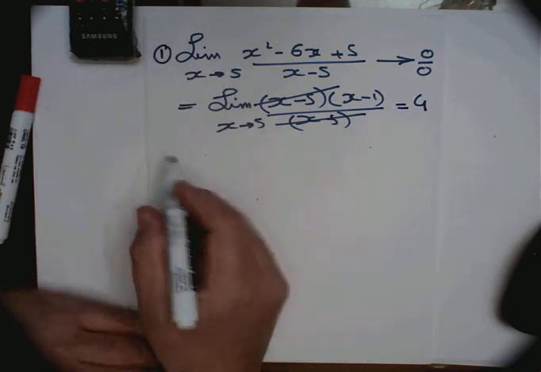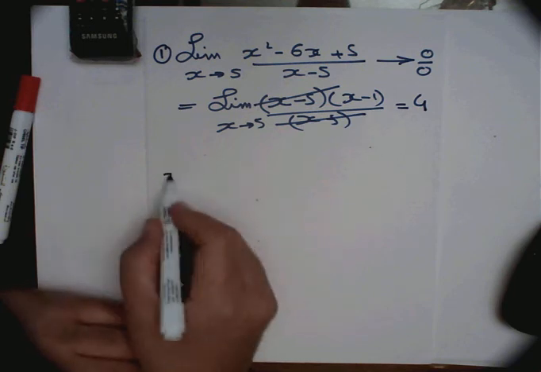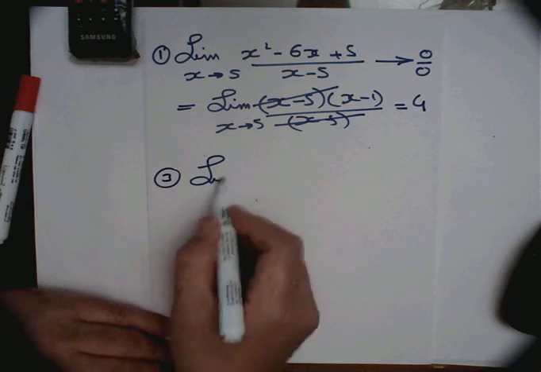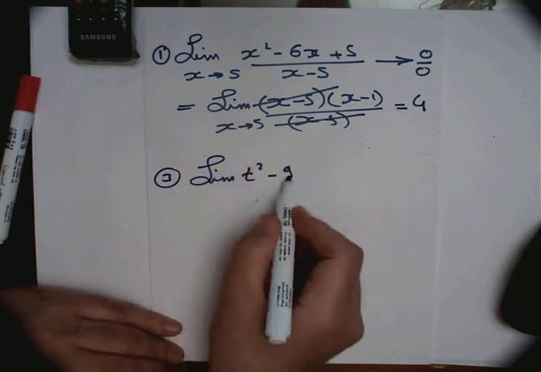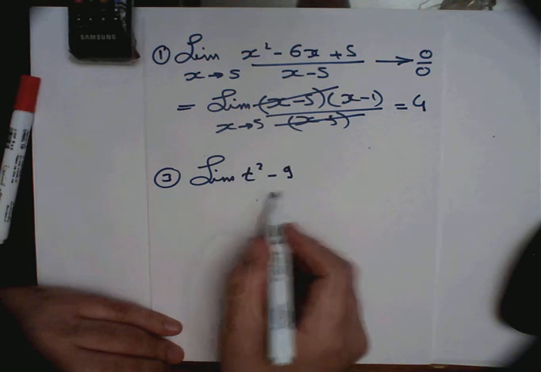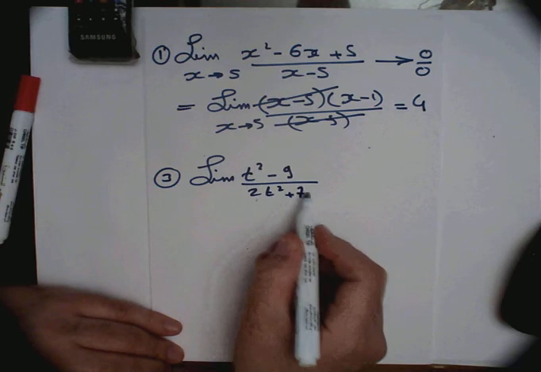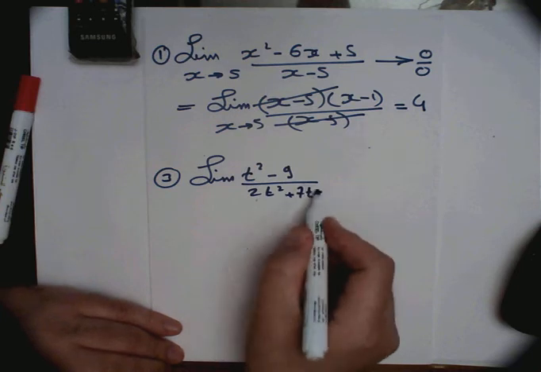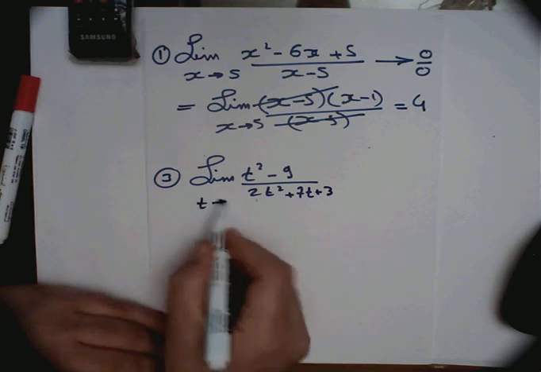Now, let us go to example number 3. Limit t squared minus 9 divided by 2t squared plus 7t plus 3 as t approaches minus 3.